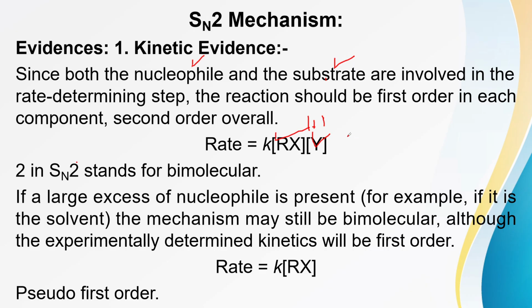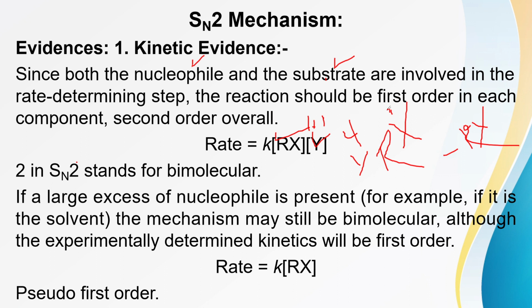We consider this by taking an example. Let's say we have 4 molecules of Y, and only one molecule of RX. So what happens during the reaction? Only one molecule of RY is formed. Why?